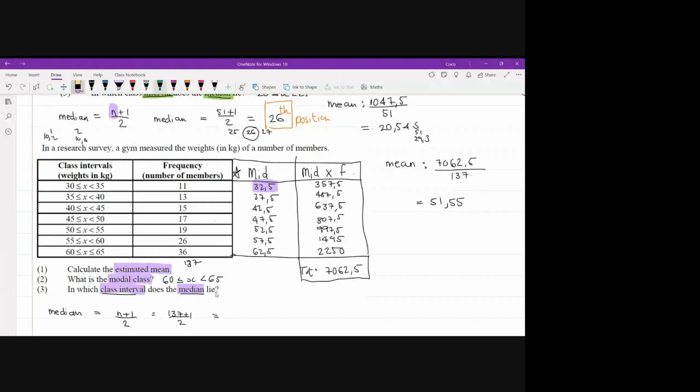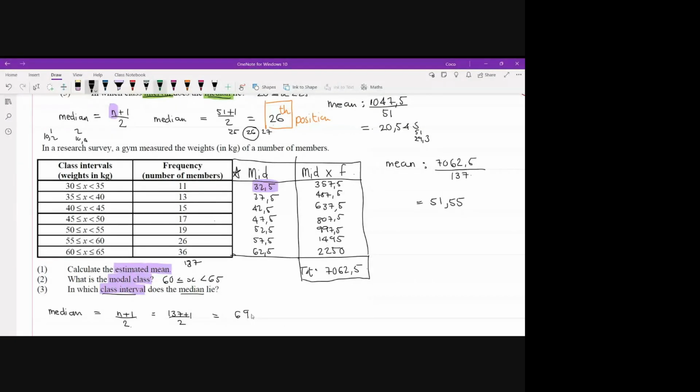Okay, no, you are correct. It is 137. It's me. I'm losing my mind. Don't stress about me. All right, so 137 plus 1 divided by 2 would give us 69. Right, but we can tell from what we're looking at that the answer is not 69.